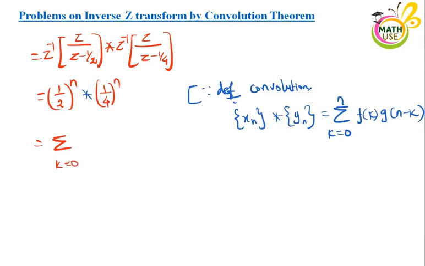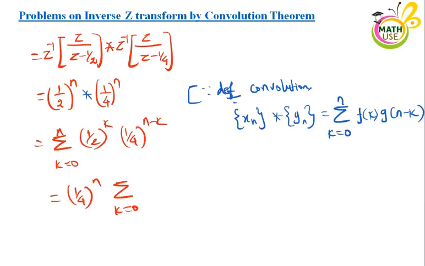summation k equal to 0 to n, (1 by 2) the whole power k, and for the second function we can write (1 by 4) the whole power n minus k. So we can take (1 by 4) the whole power n outside from this summation, then we get summation over k equal to 0 to n of (1 by 2) the whole power k, then (1 by 4) the whole power minus k.